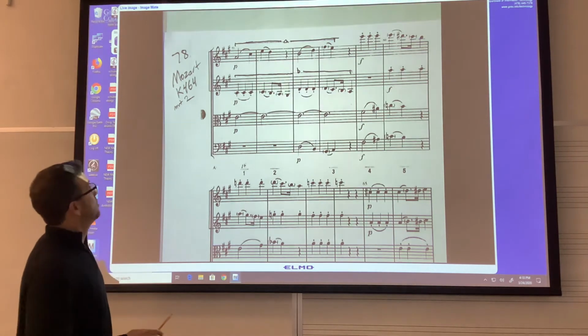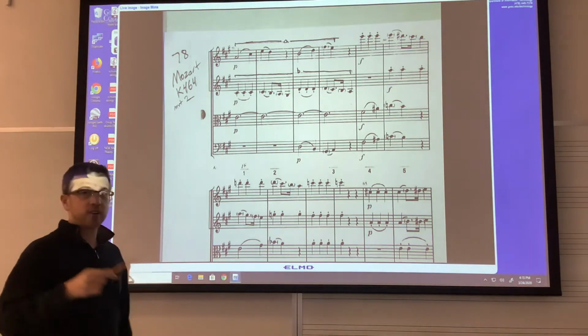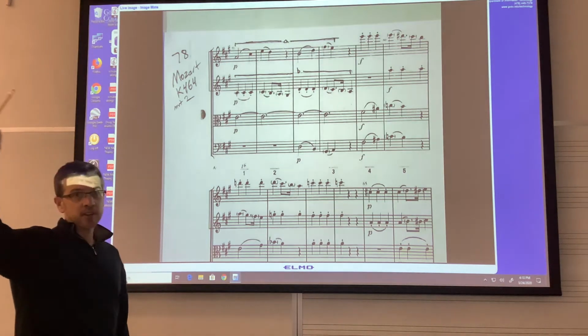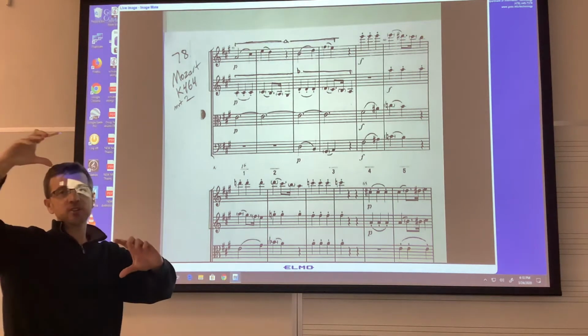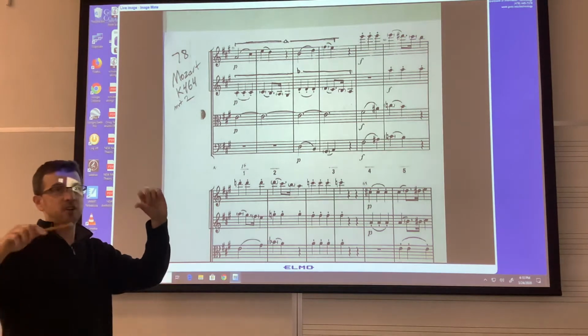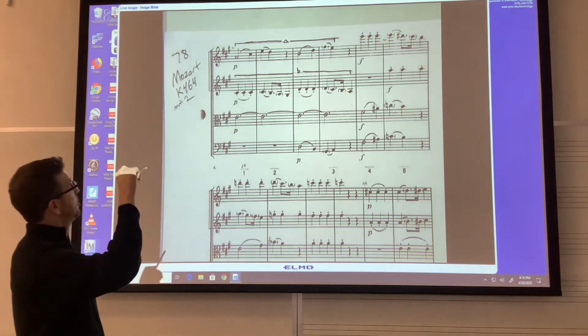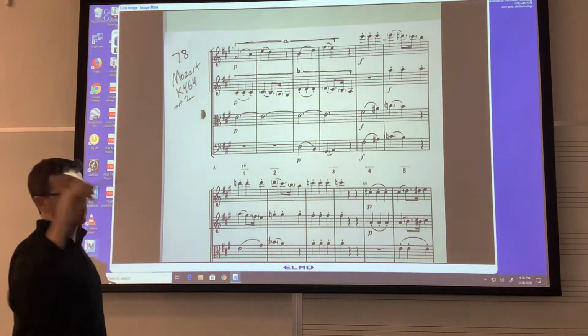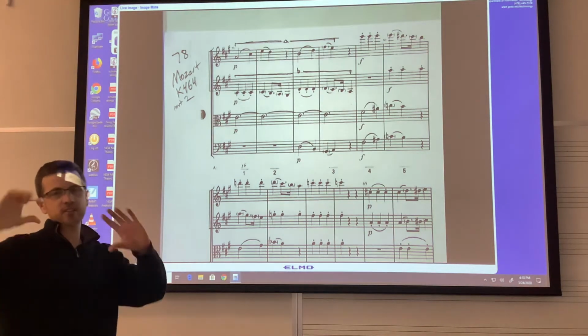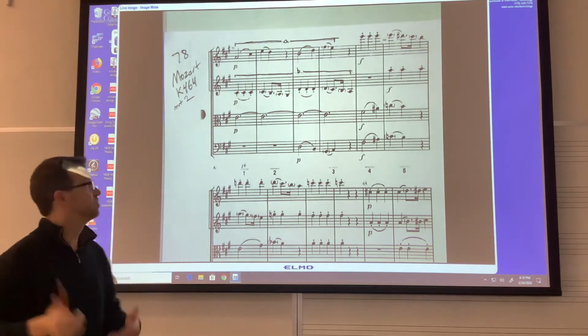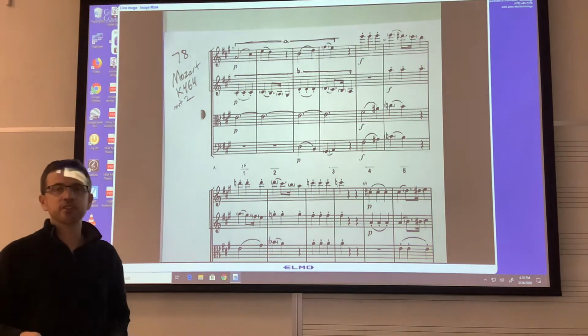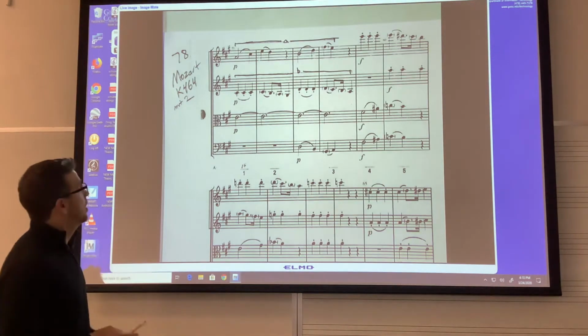So for example, theme A starts by going da da da da. If we took those notes and flipped it upside down, it would go da da da da. Right? Instead of going up up up down, it would go down down down up, like a mirror image. So that would be the inversion, is when it's the upside down version.